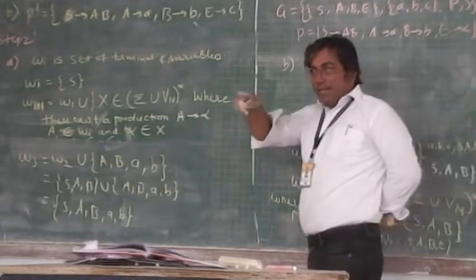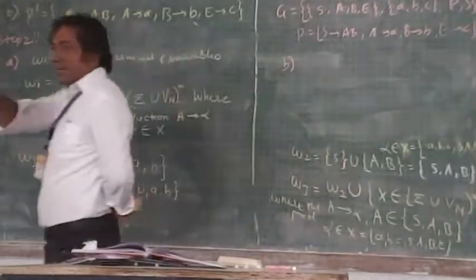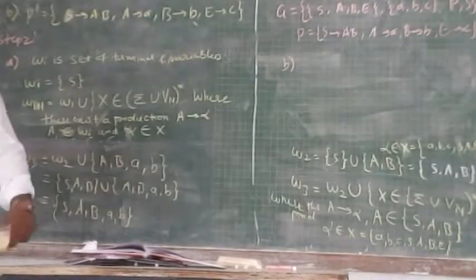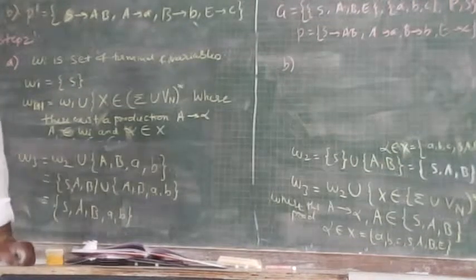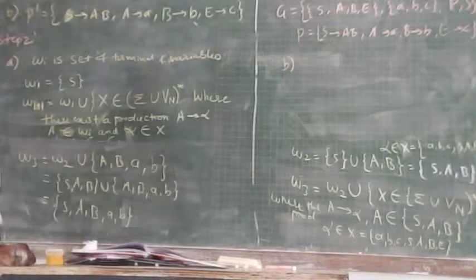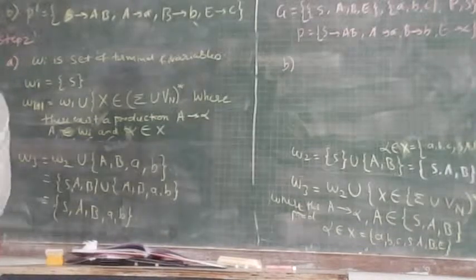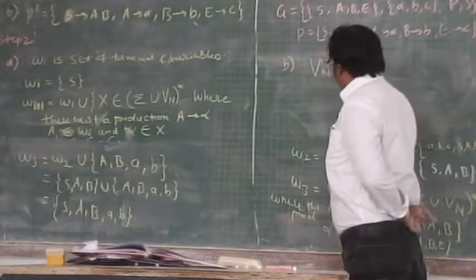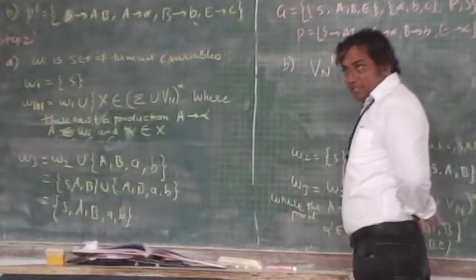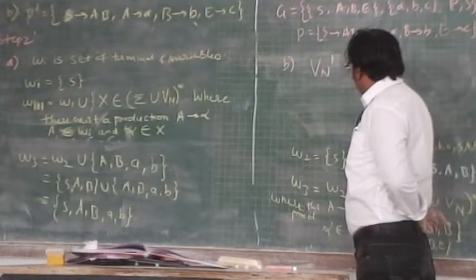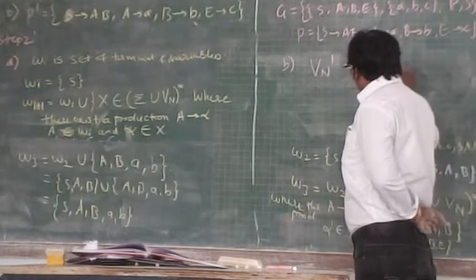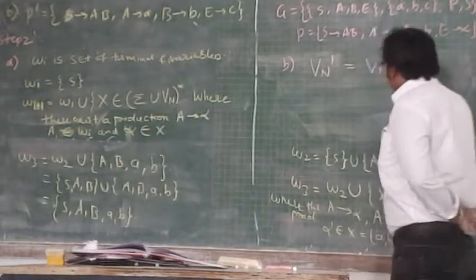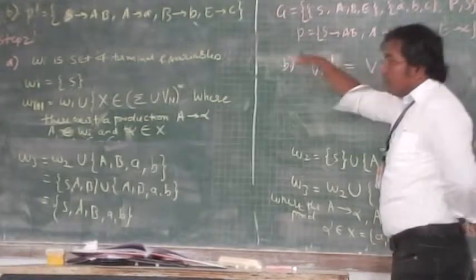If you look at the second theorem, we were considering to construct G dash, which is equal to Vn dash, sigma dash, P dash and S. So what is Vn dash now? Vn dash is equal to Vn intersection Wk.